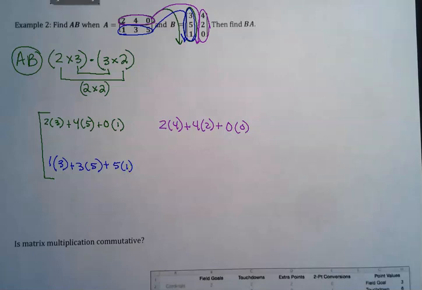And our last one, we're going to stick with that second row and go over to our second column, drive it right over beside it. So the first number in each one, 1 times 4, plus the second number in each one, 3 times 2, plus the third number in each one, 5 times 0.